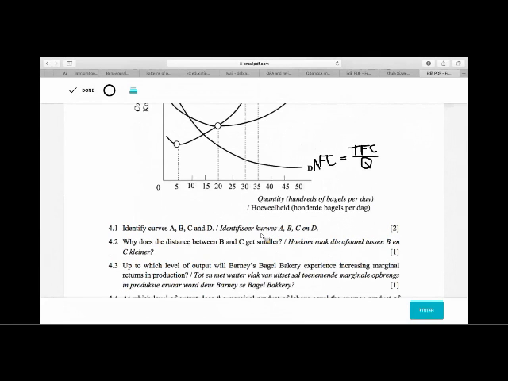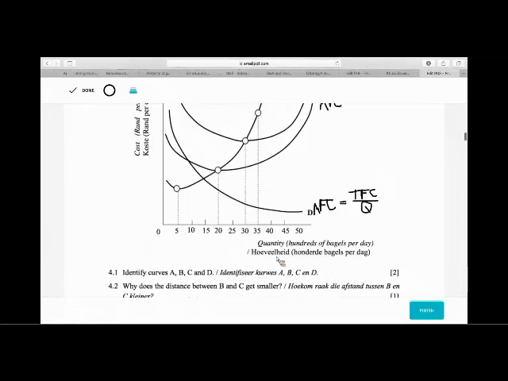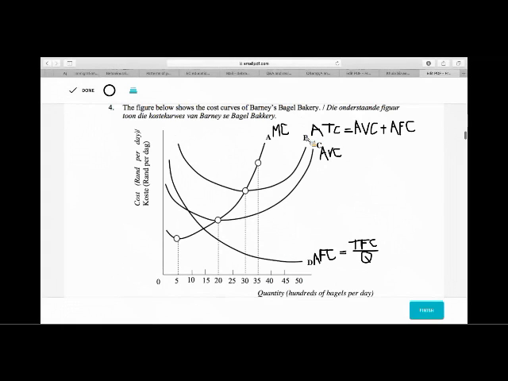4.2 then asks, why does the distance between B and C get smaller? So B is ATC and C is AVC. And if I look at this formula and AVC, I see the only difference between these two values is fixed cost. So the difference between ATC and AVC is average fixed cost.